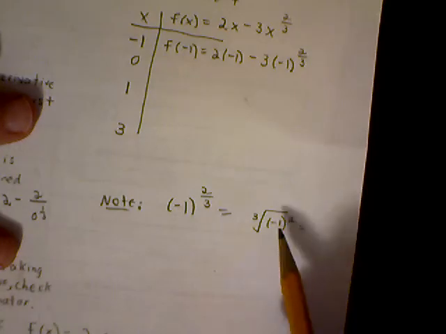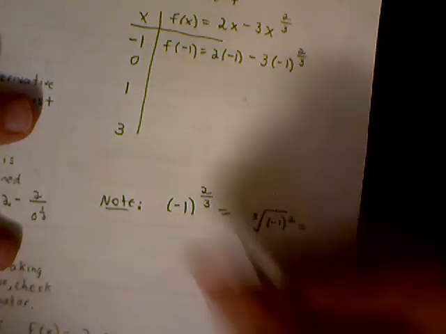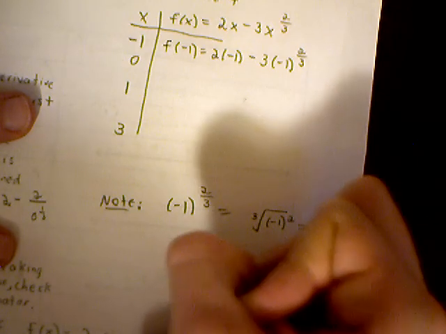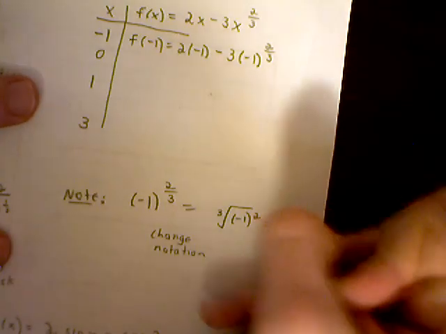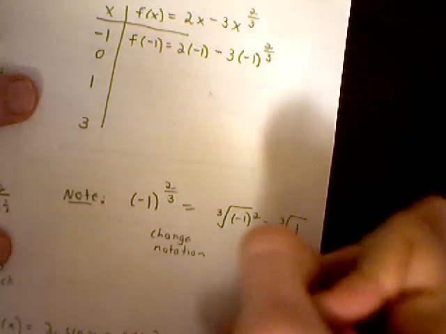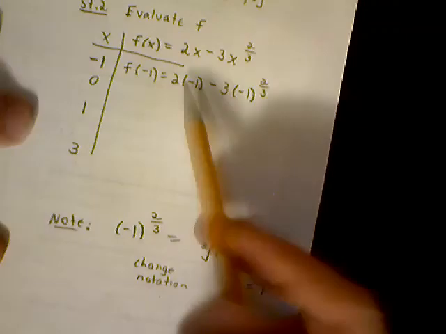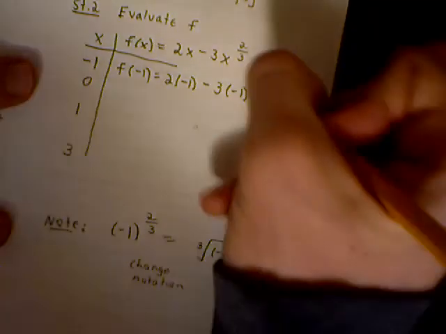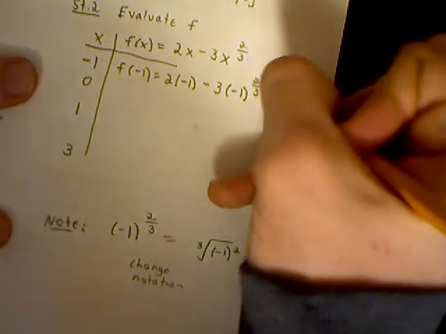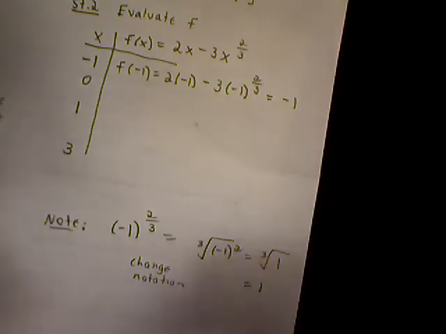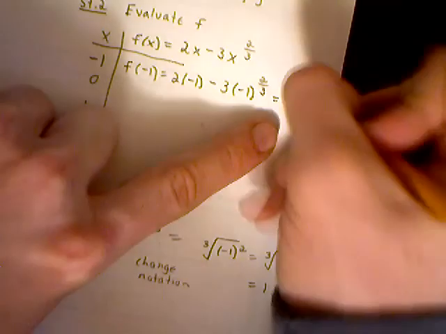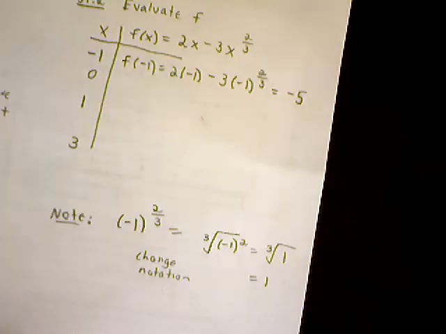I just changed the notation. Then you get the third root of 1, which is just 1. So this becomes -2 minus 3, you get -5. It's my mistake.